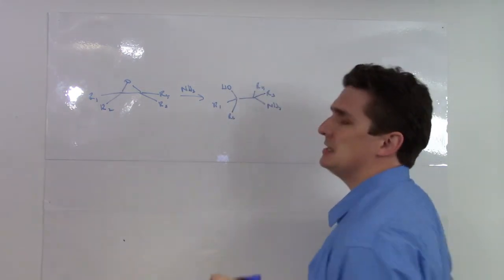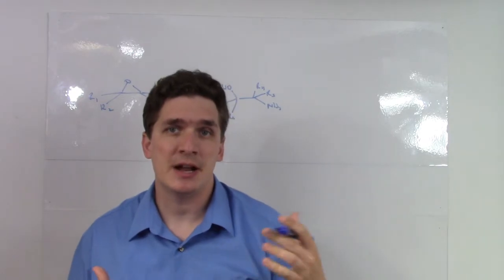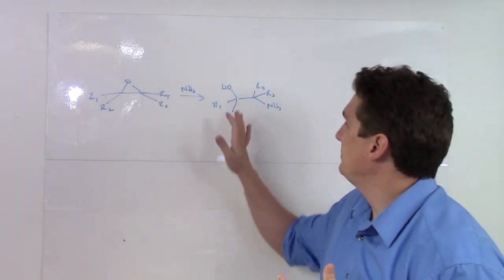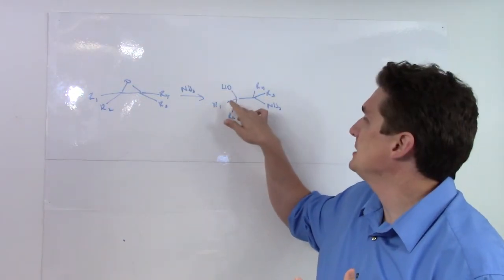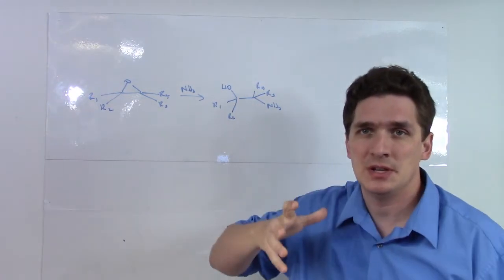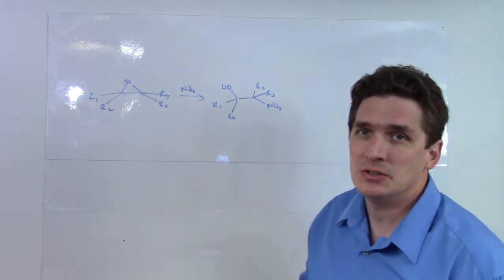So this is just something to keep in mind. Now, it will be nice because you generate that alcohol functional group, but that alcohol functional group will be anti, in terms of rotating the bonds, anti-conformation to the NH3.